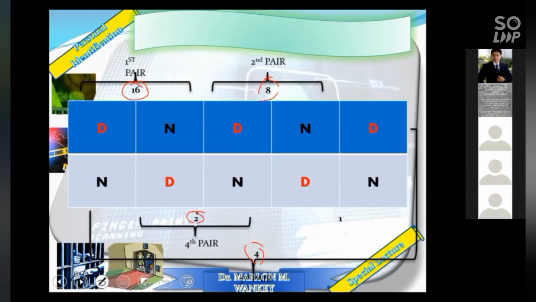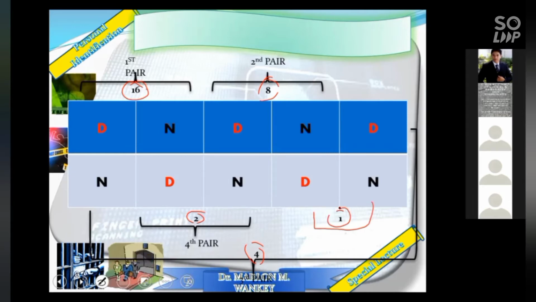The next pair is the left ring finger and left little finger, and the value is 1.